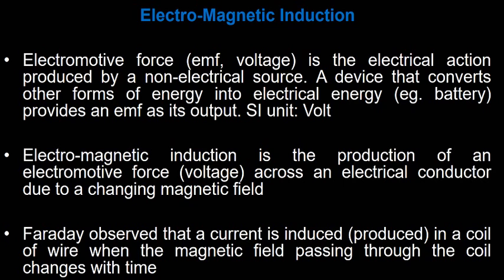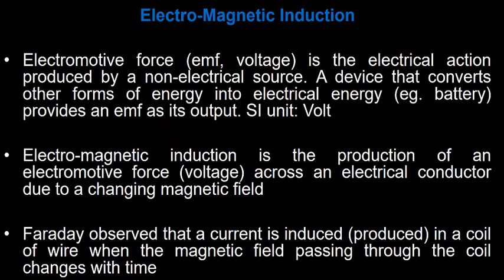EMF is the electrical action produced by a non-electrical source. This is interesting. So we are able to produce some sort of electrical phenomena in an object by doing something that is not related to electricity.